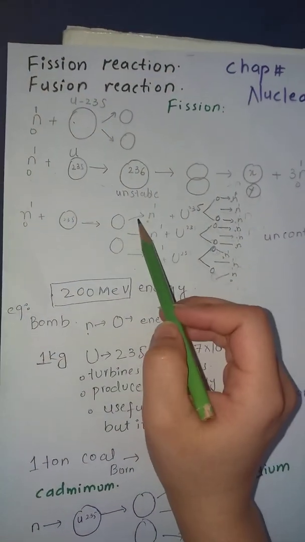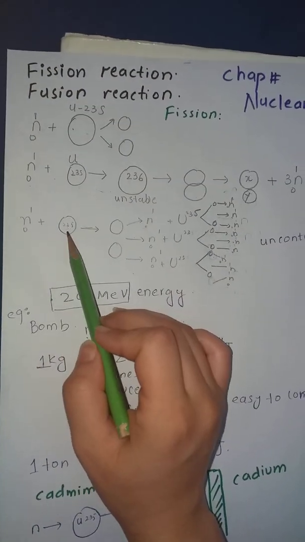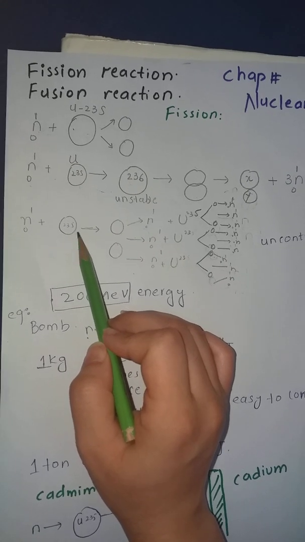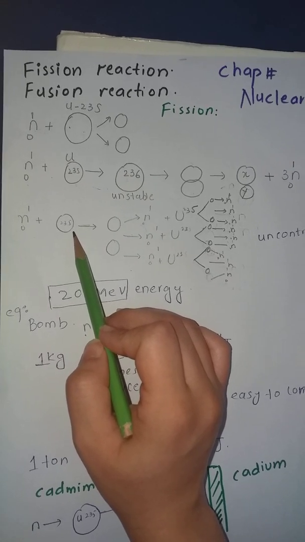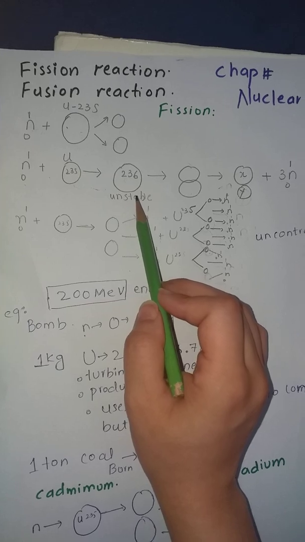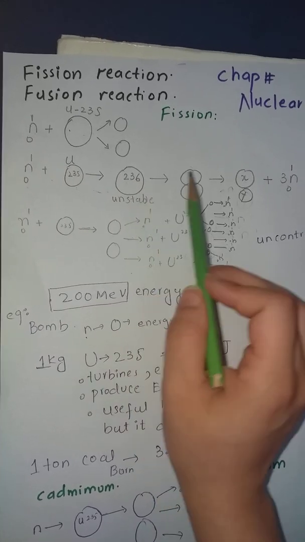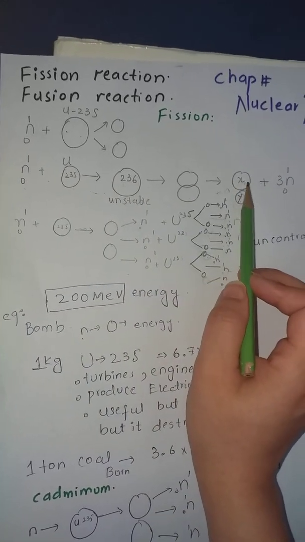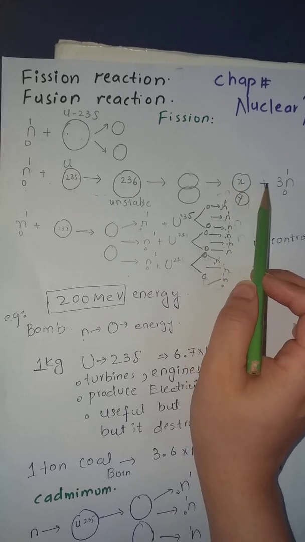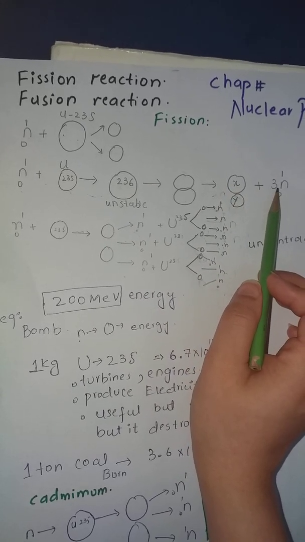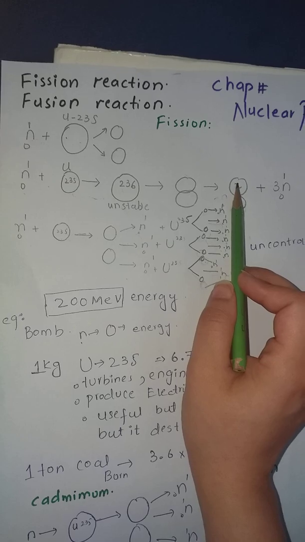Here we can see that when a neutron is bombarded on uranium 235, it converts into the unstable nucleus 236, which produces 3 neutrons with energy and two elements X and Y.